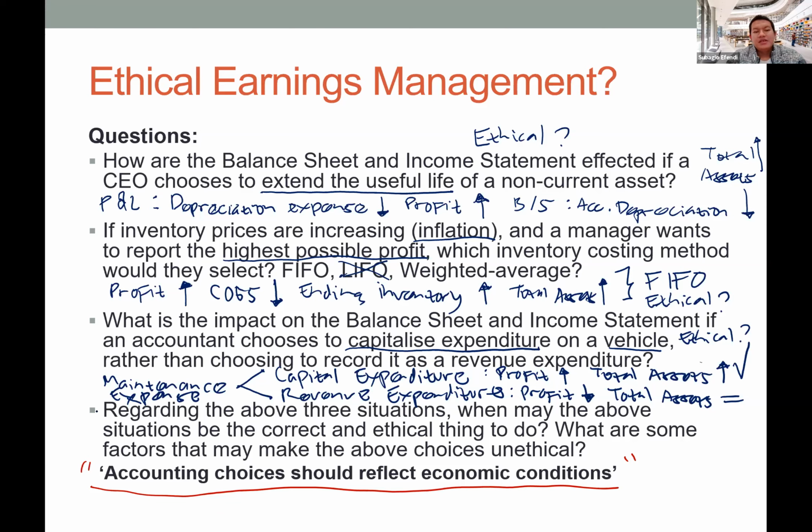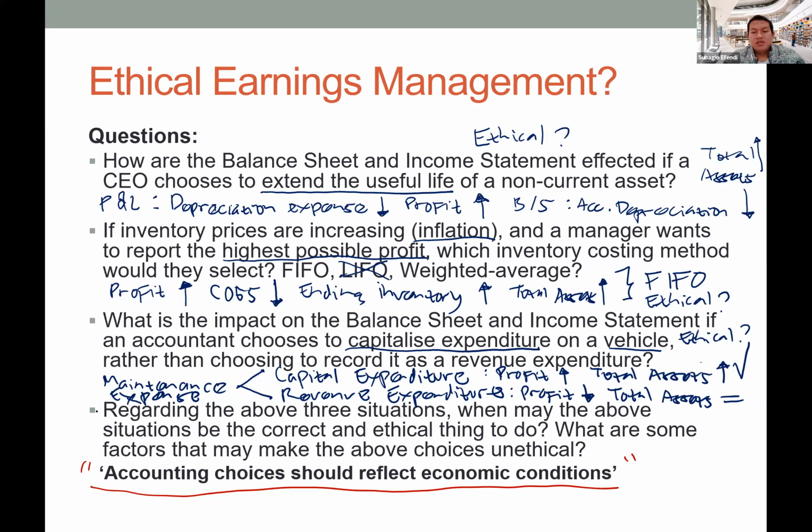So the rule of thumb is if the maintenance expense is major maintenance, and after the maintenance the vehicle is improved, so the performance is improved and the productivity or the efficiency of the vehicle is improved, and we can believe that the economic life of this vehicle is extended after the maintenance, then capitalizing is the best option.